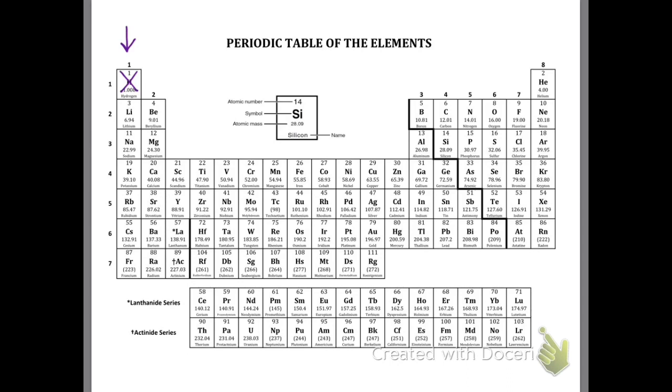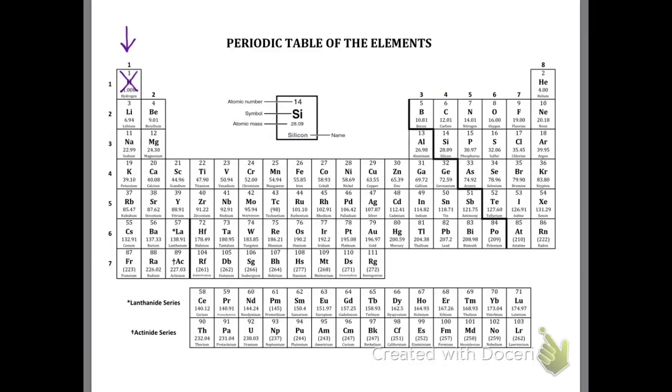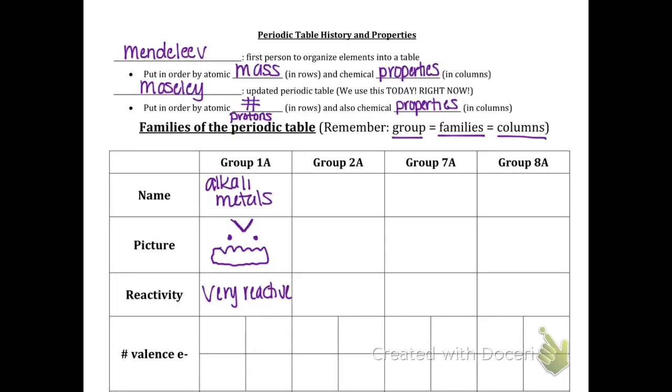So we got to remember that hydrogen is not a metal. So lithium, sodium, potassium, rubidium, cesium, and francium are your alkali metals. And so if that is the case, we know that because it's in the first column, it has one valence electron. And so we're going to write that it has one valence electron.